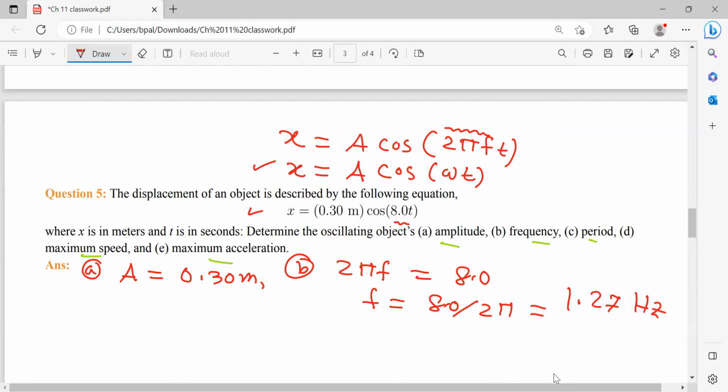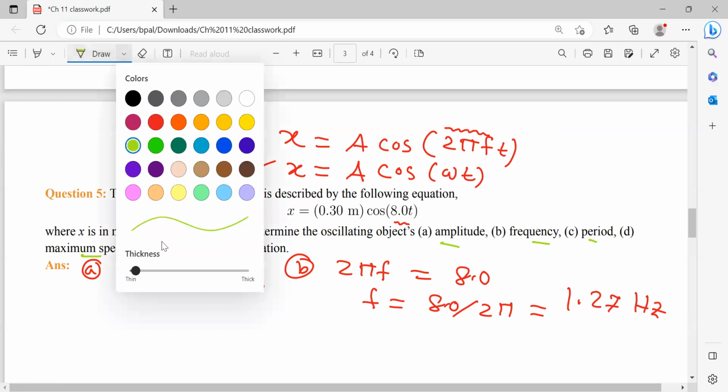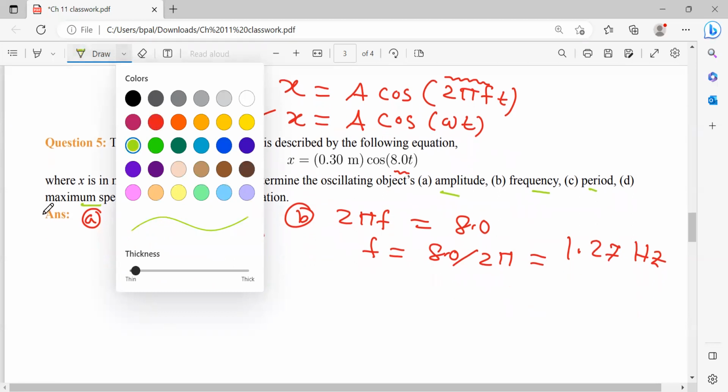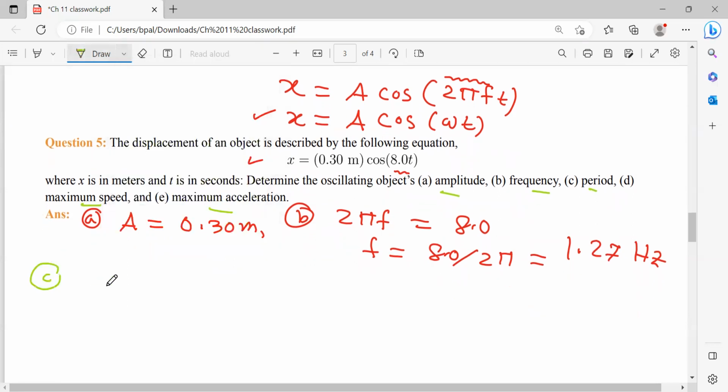So the frequency is 1.27 hertz. C, the time period. Time period is just the reciprocal of the frequency, so it will be 1 over 1.27, and that is equal to 0.79 second.